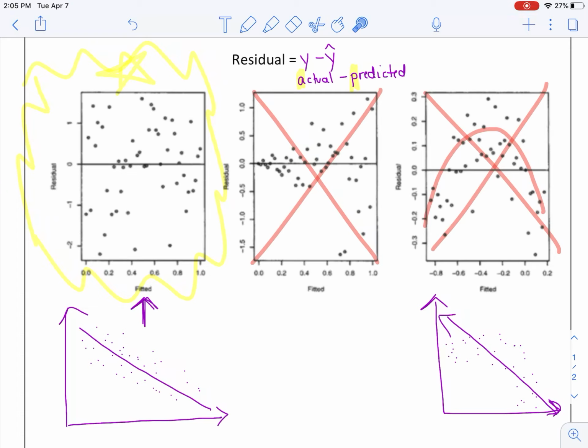Yeah, there might be some that don't quite fit, right? And clearly, this line does not fit this data well. I mean, you want to transform it or you want to fit a curve to it. So that's why you want to see a totally scattered residual plot.